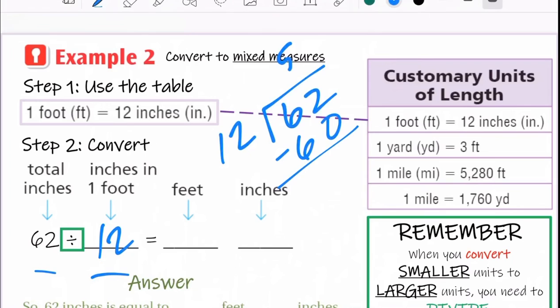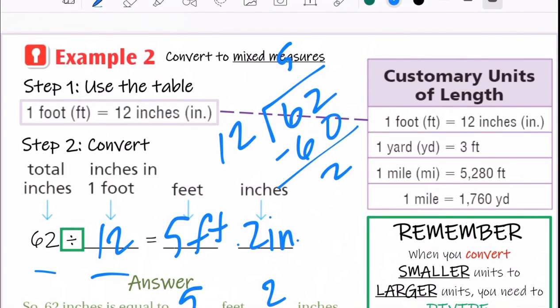Subtract 60, you're going to have 2 left over. I think I said 5 inches before. That's not right. That's my bad. We're going to have 5 feet and 2 inches. That's what the labels will look like. 5 feet and 2 inches. And you could put it right here. It has the spelled out versions.